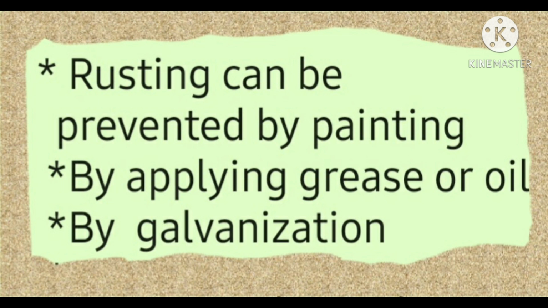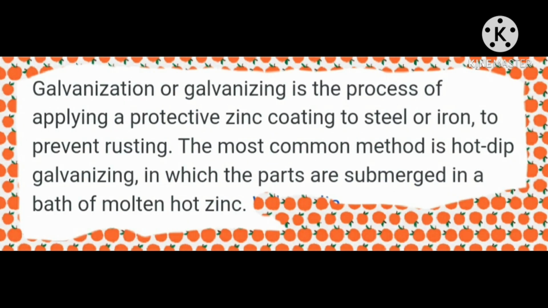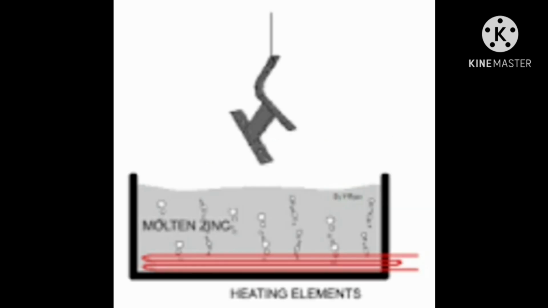Rusting can be prevented by galvanization. The process of depositing a thin layer of zinc metal on iron objects is called galvanization. It is done by dipping an iron object in molten zinc metal.